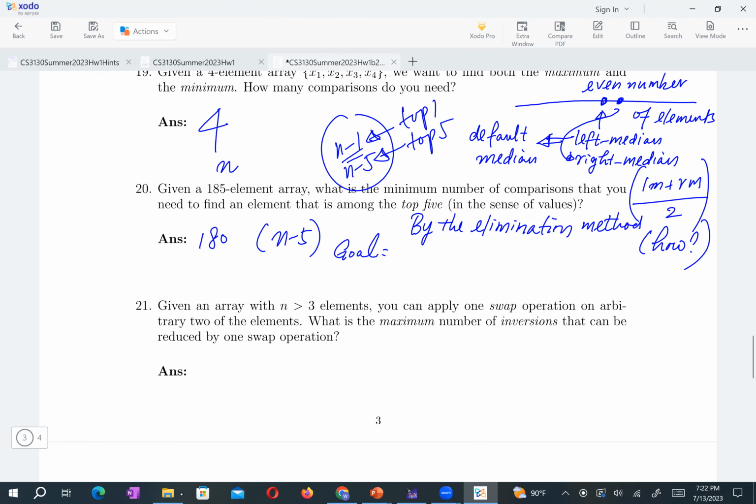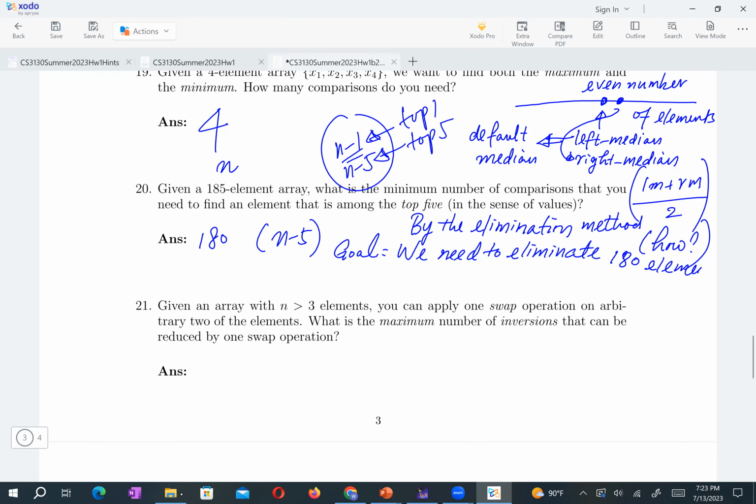To get an element in top 5, we need to eliminate 180 elements.